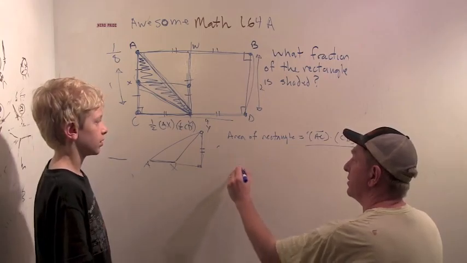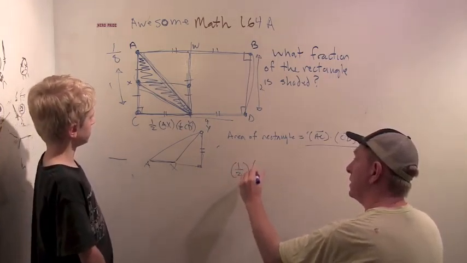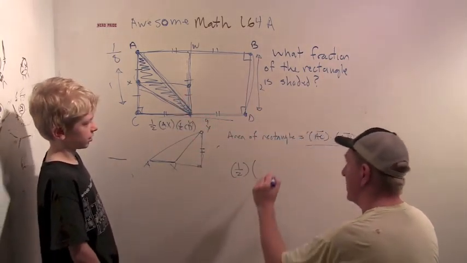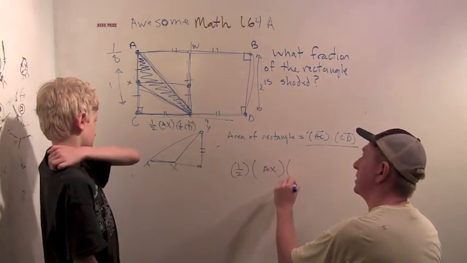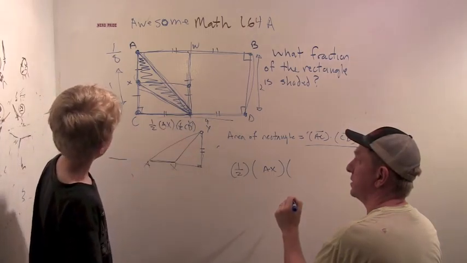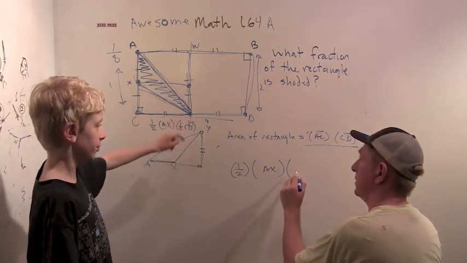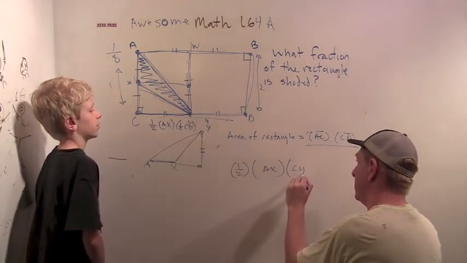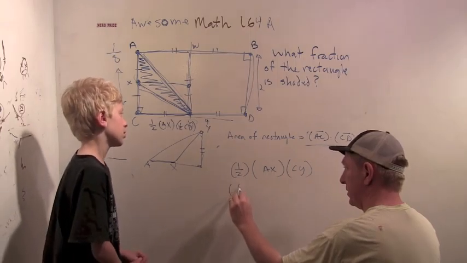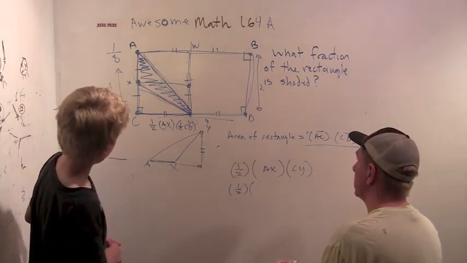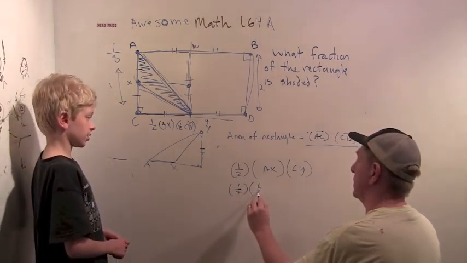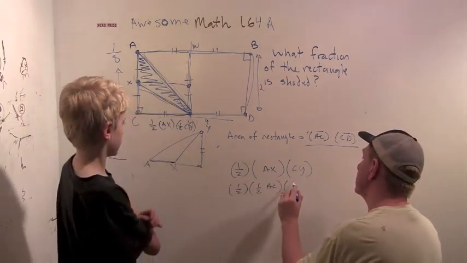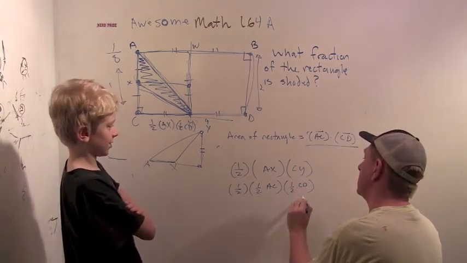The area of the triangle is 1/2 times the base, which is AX, times the height, which is CY, if we call this point Y. Alright, what can we say about AX? AX is half of AC. What can we say about CY? It's half of CD. So now we have a 1/2 in every term.